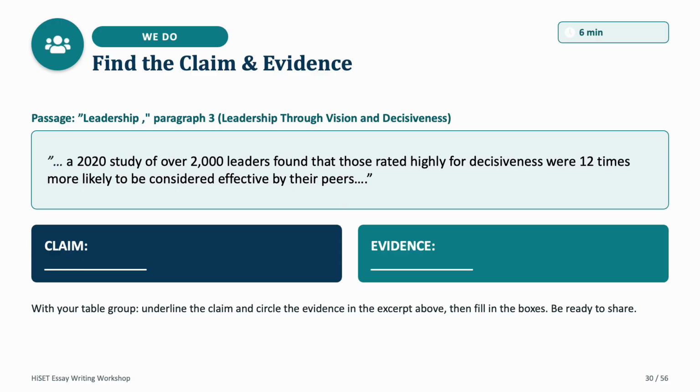Well, it's a study published in 2020 that found leaders rated decisive were 12 times more likely to be considered effective by their peers. Okay, excellent. Which part did you find hardest? Was it the claim or finding the evidence? Okay.